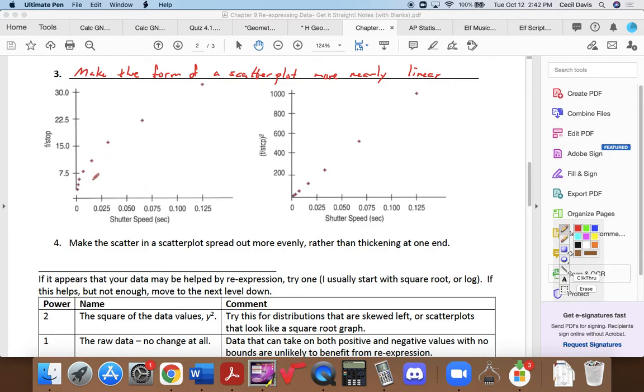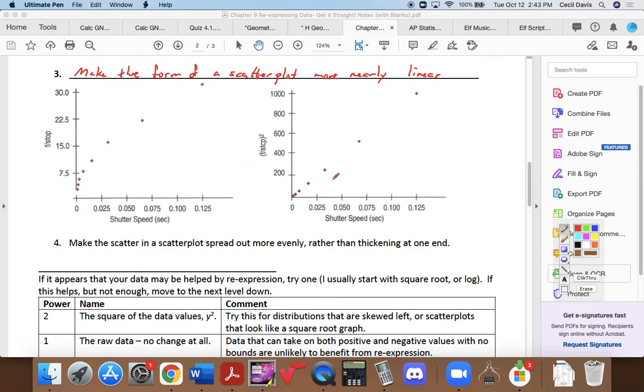So noticing here that this looks like either a logarithm or a square root, we could get rid of that. And part of the reason I immediately thought of it as a square root, because I was like, well, how am I going to get rid of that? I can square this variable. And that should undo the square rootness of it. And we get a pretty good line here.